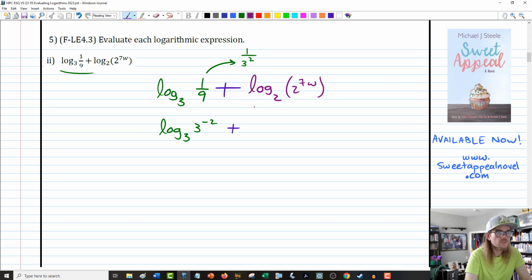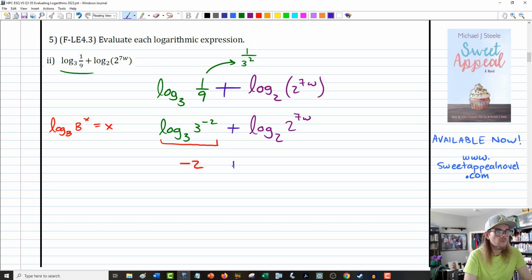Likewise, we have the log base 2 of 2 to the 7th, and hey, that's sort of convenient. There it is. Now that we've got both of them there, we can see that log inverse property at play. Remember that property says log base b of b to the x is equal to x. Well, we have log base 3 of 3 to the negative 2. That's going to equal negative 2.